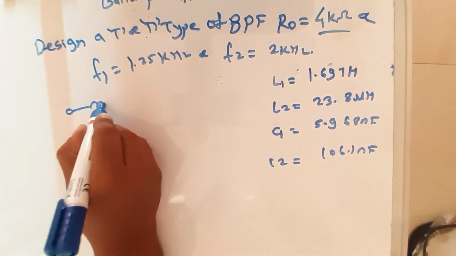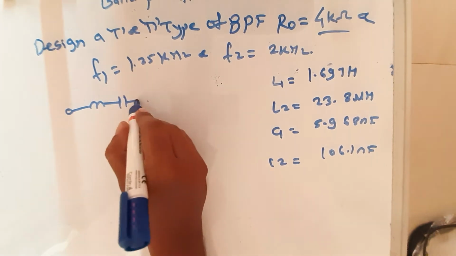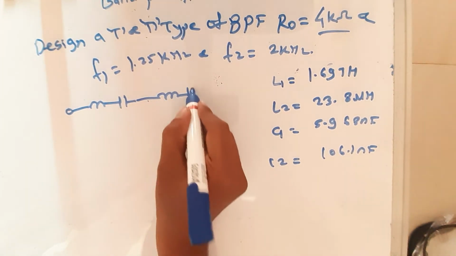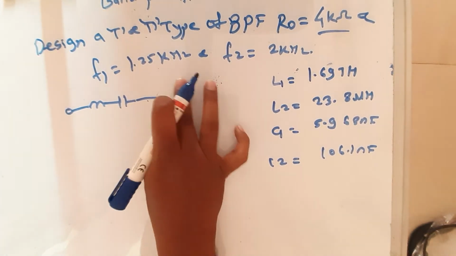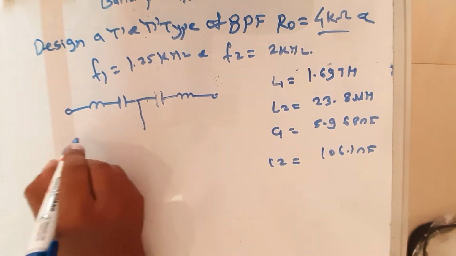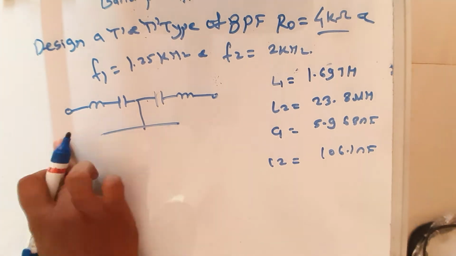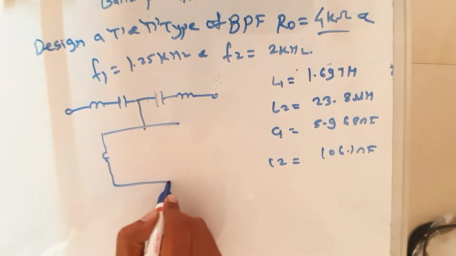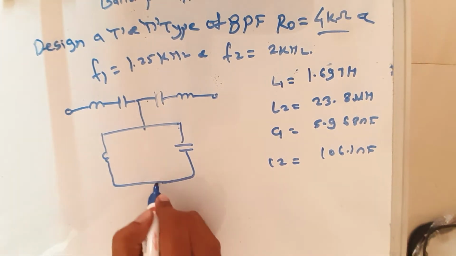So in T type we have inductor, capacitor. Student will make the practice for this. Similarly capacitor, inductor, here again inductor, capacitor.